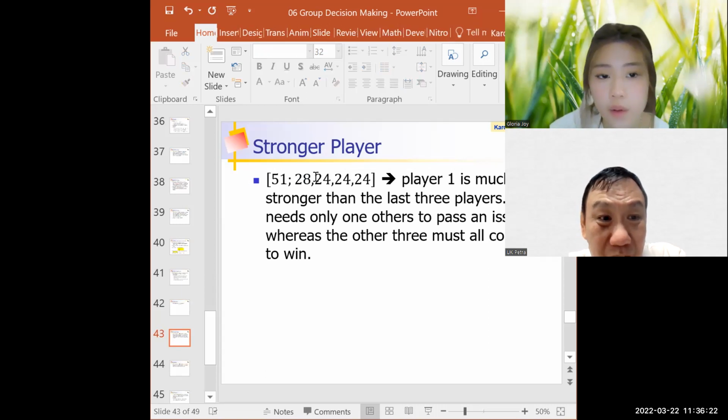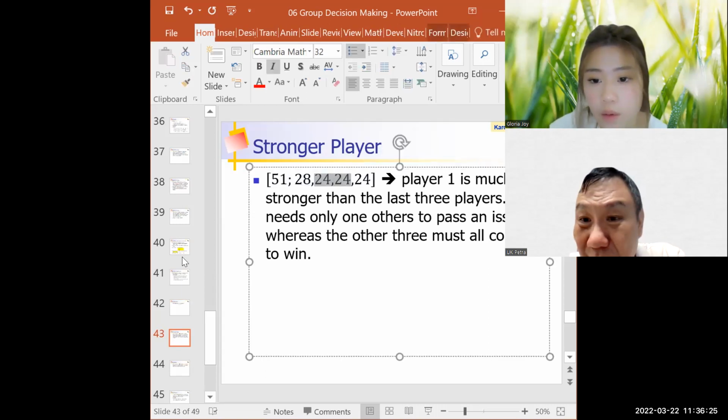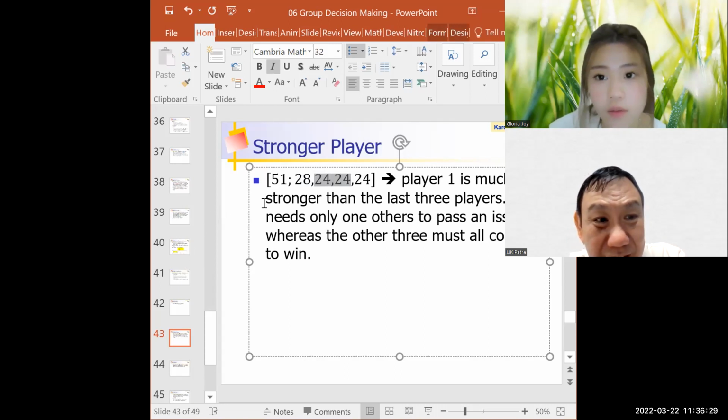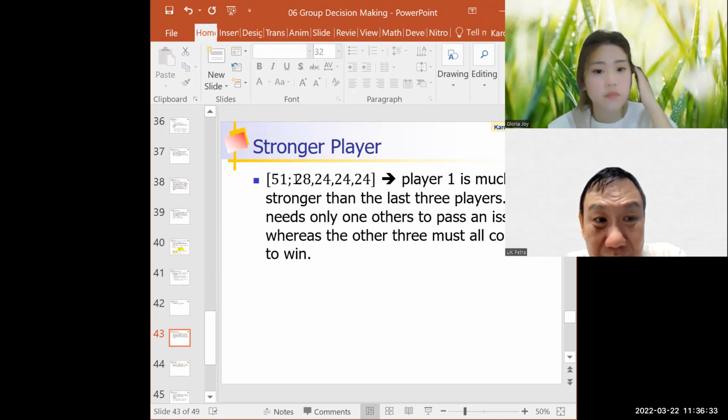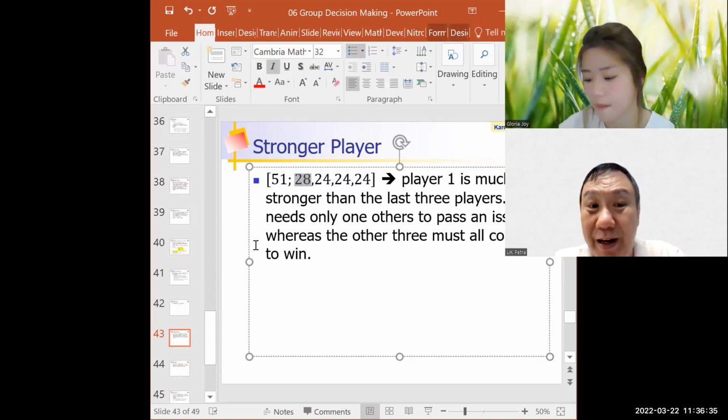How about this one? 24 plus 24. Only 48. It is less than 51. So that means this first player, player 1, is stronger than the last 3 players.